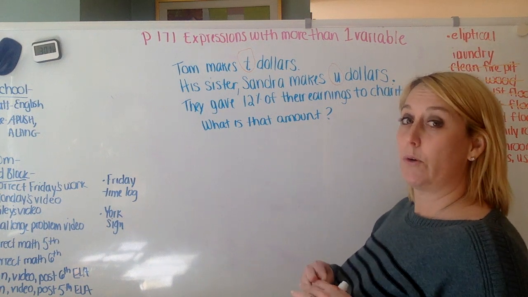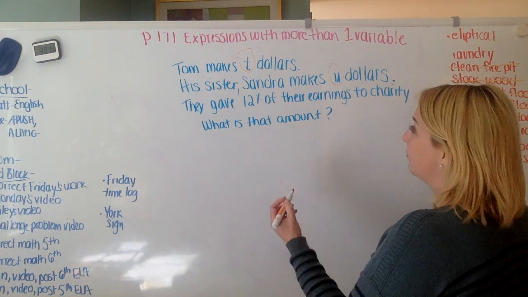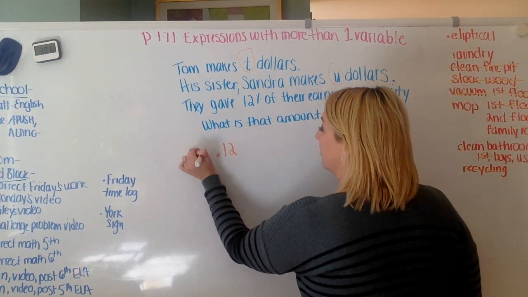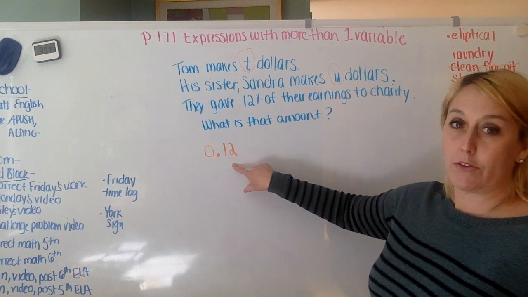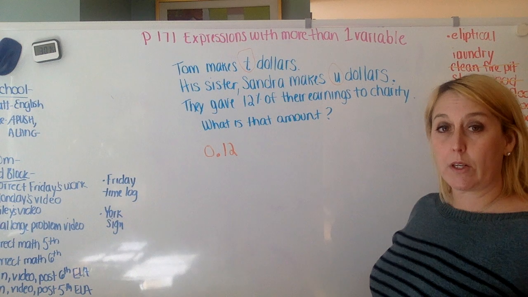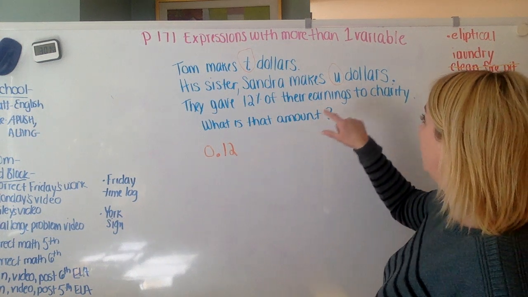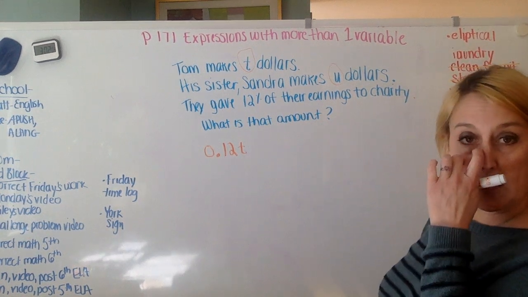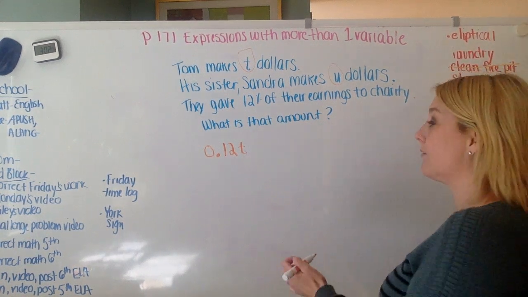So we know to find 12% of something, we write that as 0.12, right? That's 12/100, that's 12%. And 12% of tells us we need to multiply to find out what is 12% of T, that's 12% of Tom's money. And then they also give Sandra's earnings.